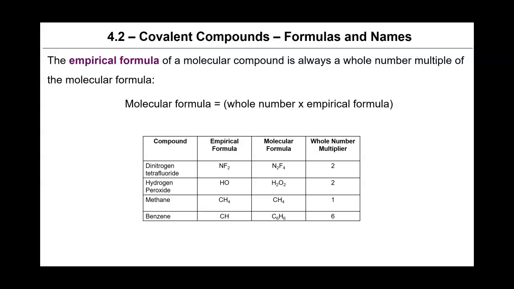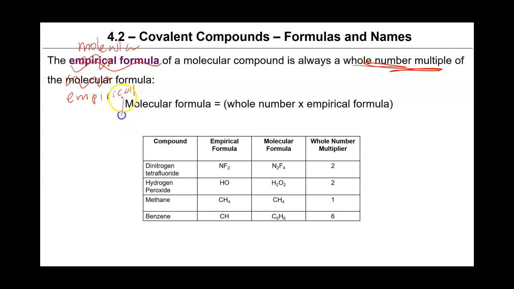So you should be mindful that the empirical formula of a molecular compound, it's always a whole number multiple. Actually, that's the wrong way around. The molecular formula of a molecular compound is always a whole number multiple of the empirical formula.